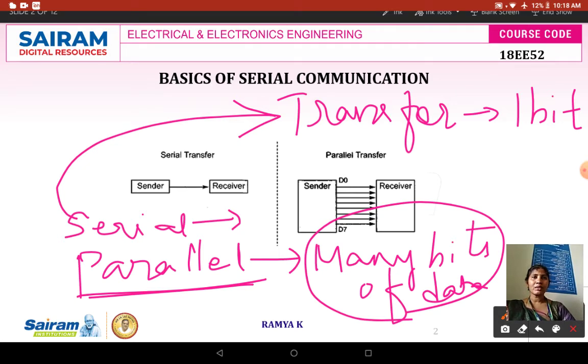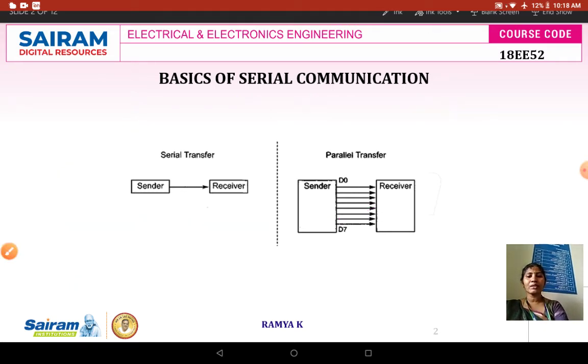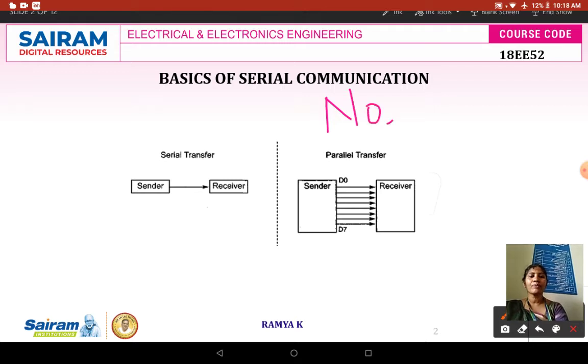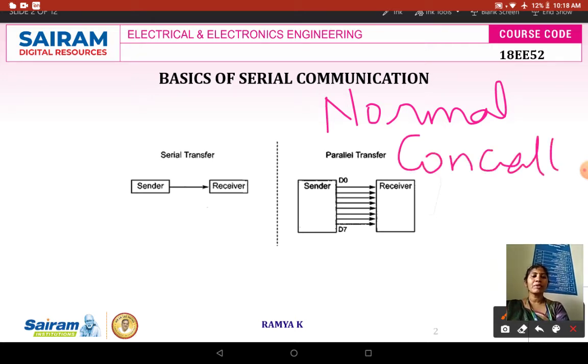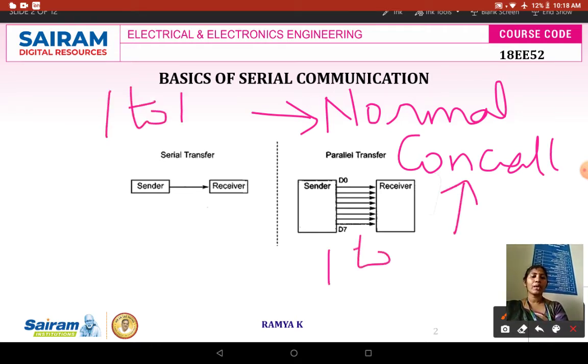You can consider one example, the normal call. Consider the difference between a normal call, that is a one-to-one call, and a con call. A normal call means one-to-one communication, whereas a con call is one-to-many, so the information is communicated to many persons at a time.